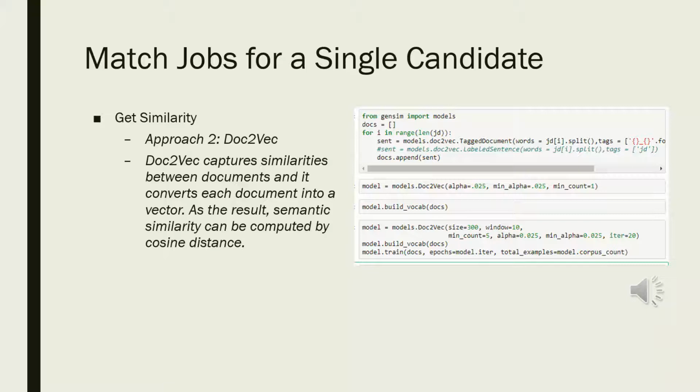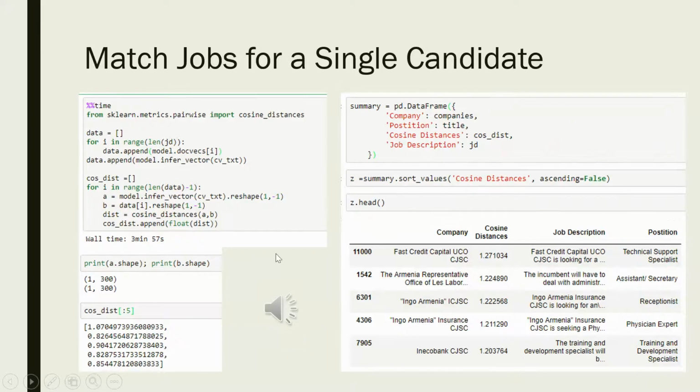The alpha means the initial learning rate, while iter means the number of iterations. However, it seems doc2vec was not a good fit, since it doesn't make sense that technical support or secretary is more similar to the web developer.